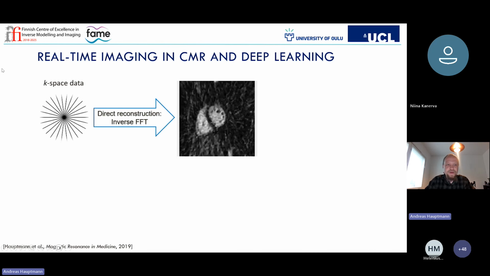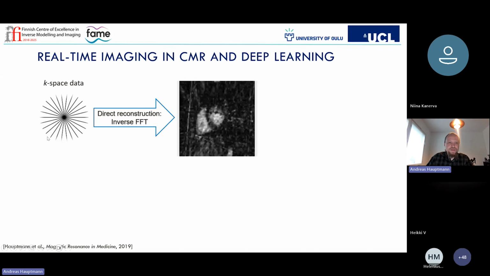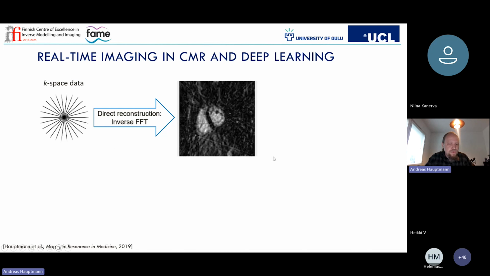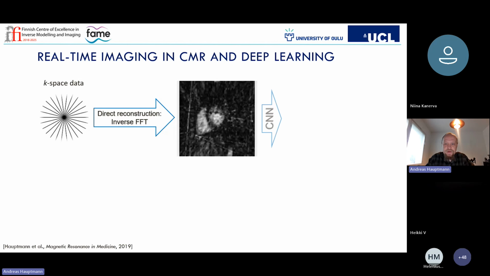Good, okay. So if we undersample, we only have a few lines in the so-called K-space, and if we use the FFT to reconstruct, we get this here in the middle, heavily undersampled data. One of our early works, almost 6 or 7 years ago when we started this, we just applied a convolutional network here to clean this up.